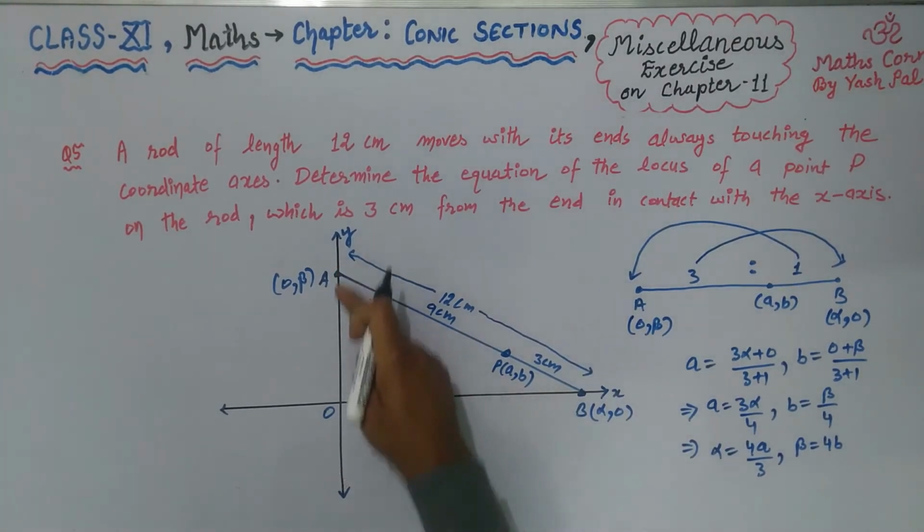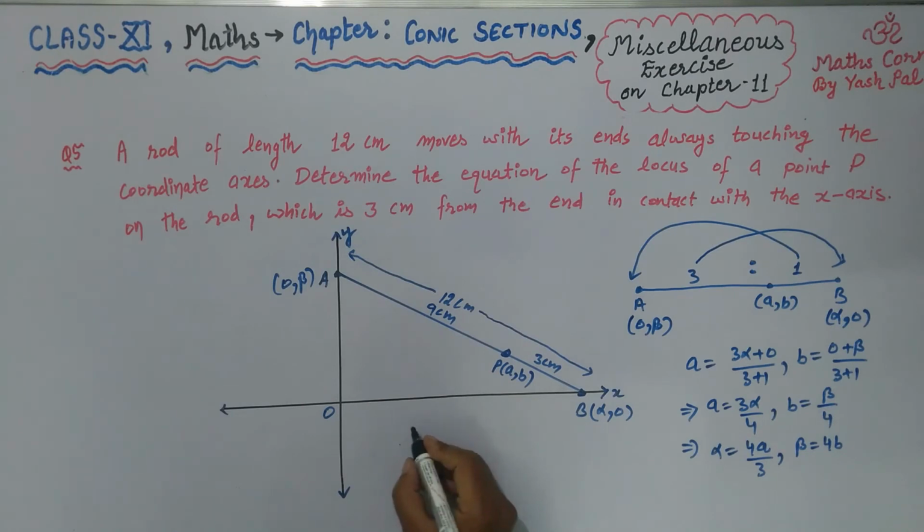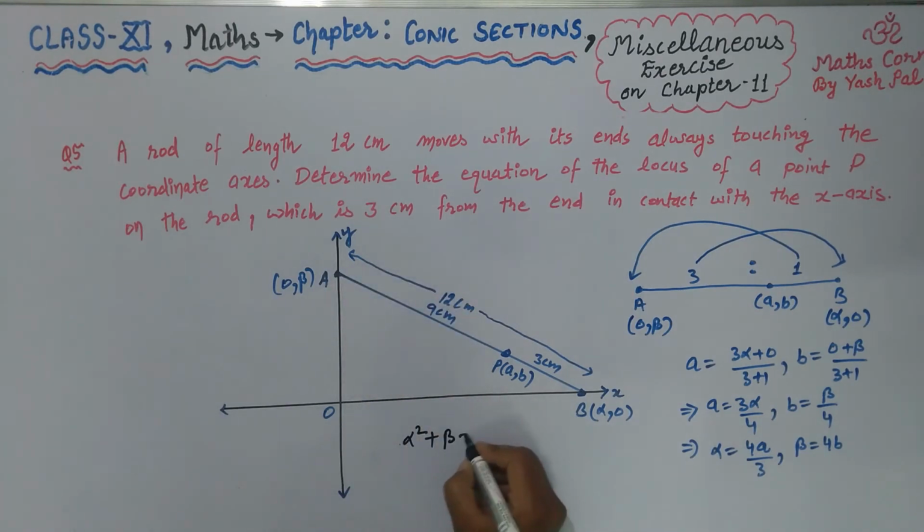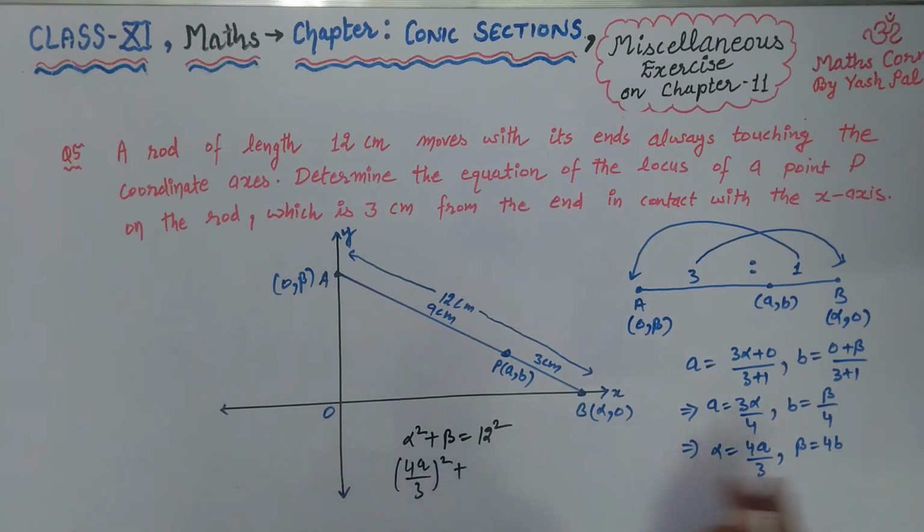One more thing, because this is a right angled triangle, so we can say that OB, this is alpha square, plus OA, this is beta square, is equal to AB, which is 12 whole square. Okay, now we substitute the values of these points alpha and beta, that is 4a upon 3 whole square plus beta is 4b, its whole square is equal to 144.